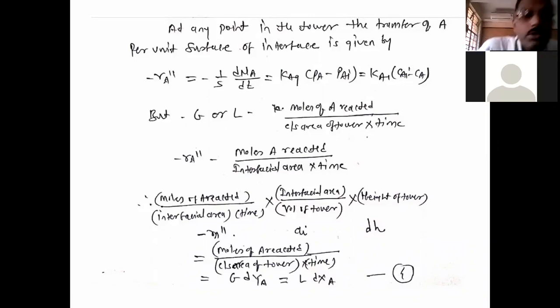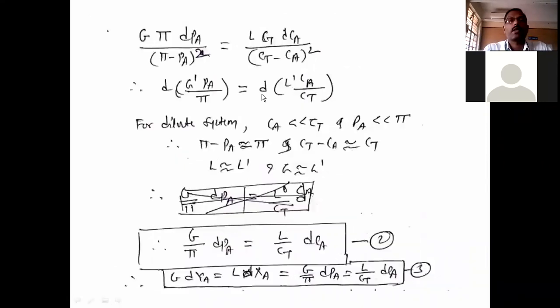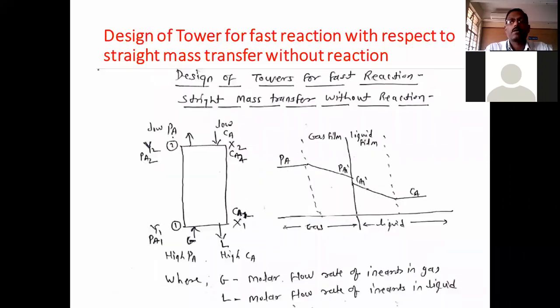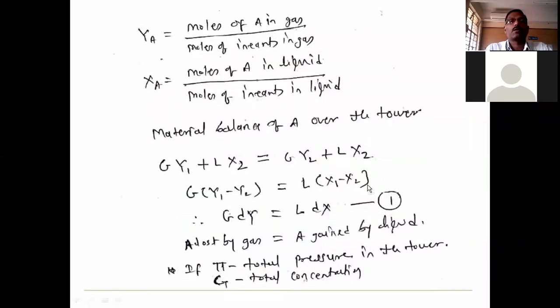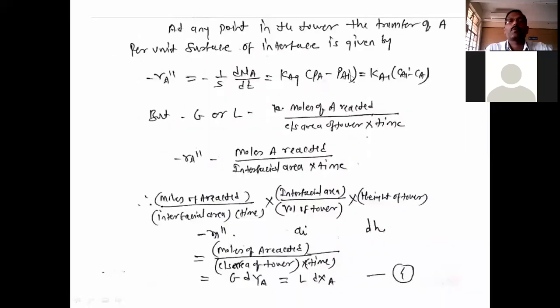From the above, we can find this rate from the interfacial mass transfer: Kg into Pa minus Pi is equal to Kl into Ci minus Ca.